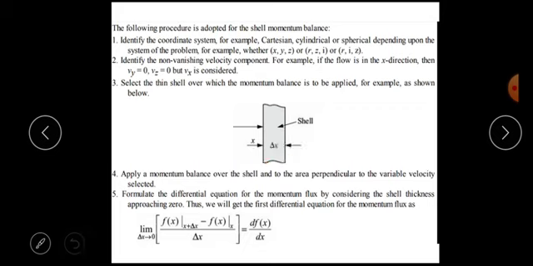Then the fourth step is apply a momentum balance over the shell and to the area perpendicular to the variable velocity selected.